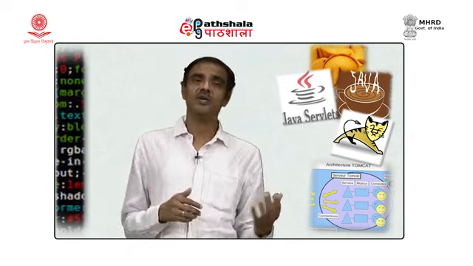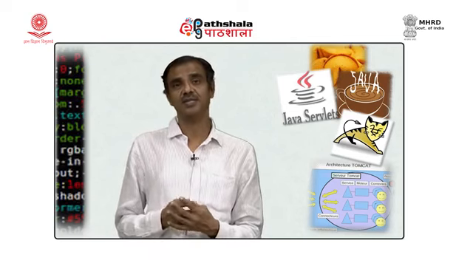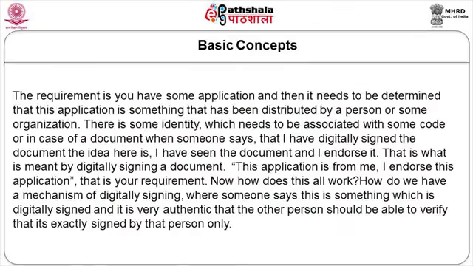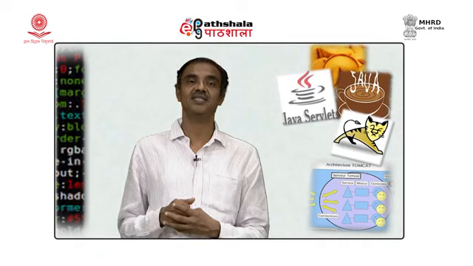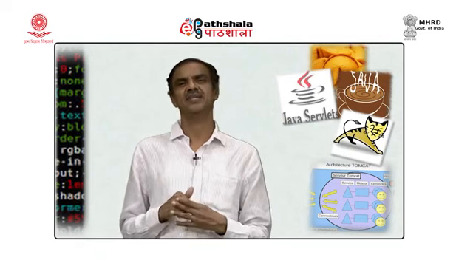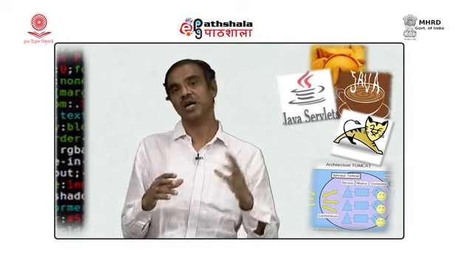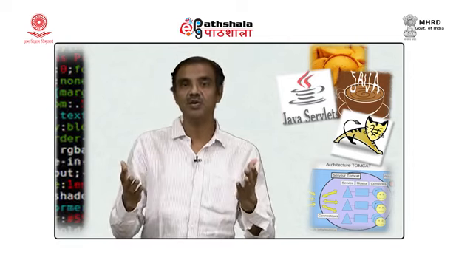What are the requirements here? What is the exact requirement? You have some application, and it needs to be determined that this application has been distributed by a particular person or organization. There is some identity which needs to be associated with a particular code.